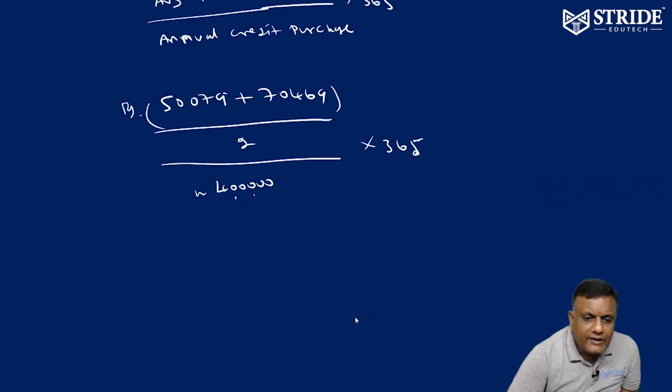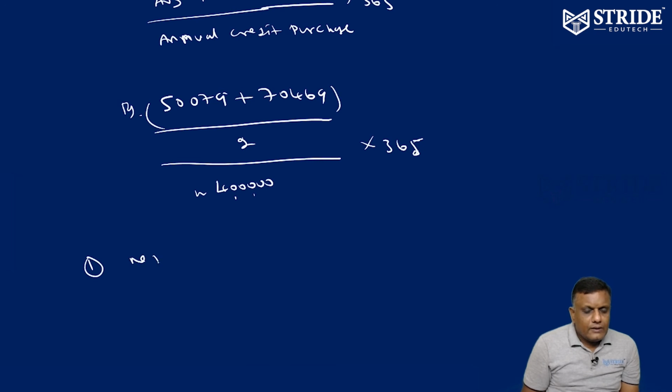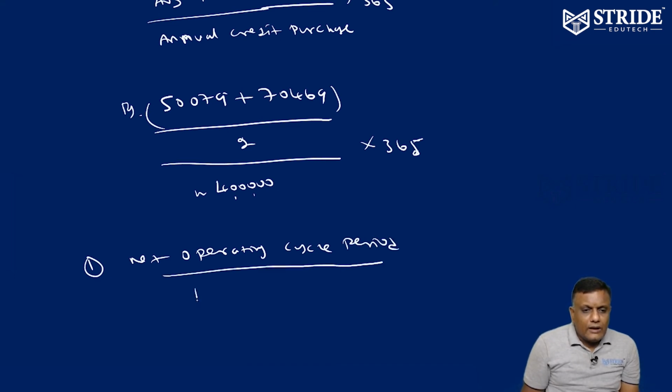Finally, the operating cycle. First question, net operating cycle period. Net operating cycle period is raw material storage period plus WIP conversion period plus finished goods storage period plus receivable period. Up to debtor, it is the gross operating cycle period; minus creditor period gives the net operating cycle period.